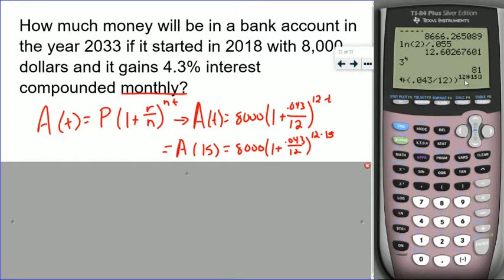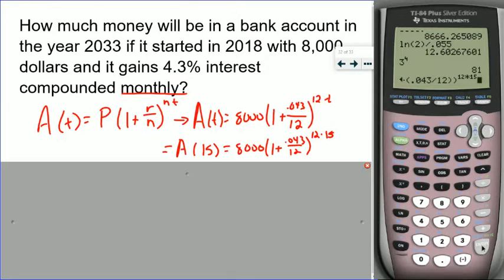Now be really careful with this exponent. If your calculator doesn't just bump things up like this, you'll need to put parentheses around your exponent. If your calculator just shows you a little caret key, make sure you put parentheses around your exponent. If it does bump it up like this, you're good to go.